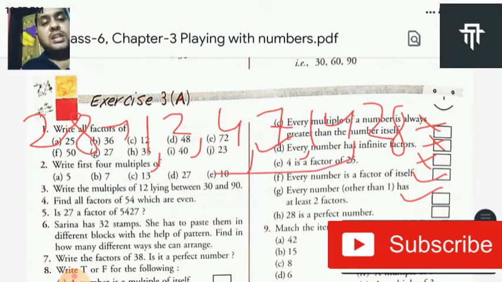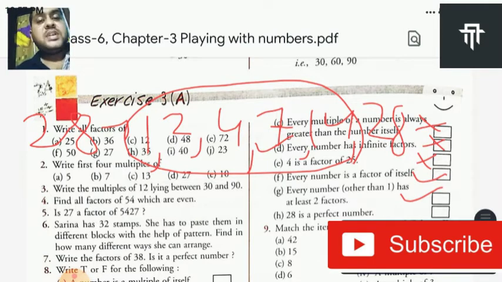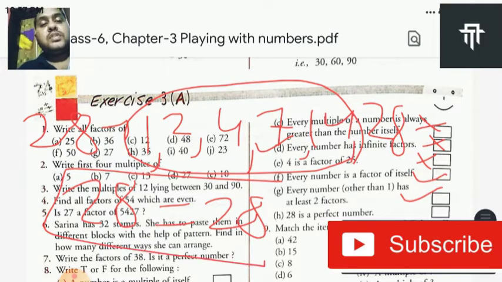Now add all the factors except the last one, and if it is numerically equal to 28, then the number is a perfect number, otherwise not. So 14 plus 7 is 21, 21 plus 4 is 25, 25 plus 3 is 28. So yes, the sum of all the factors except 28 is equal to 28. So this is a perfect number. This is correct.